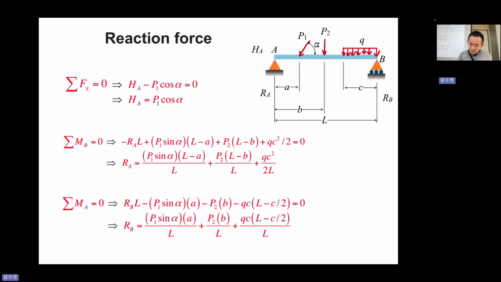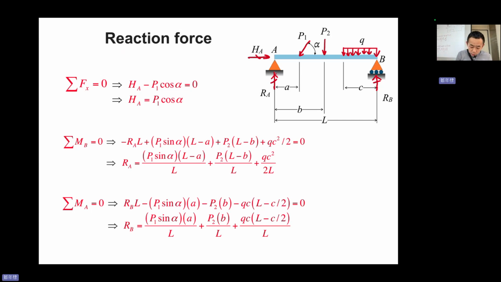We firstly identify, okay, this is a hinge at A. So there are RA here and HA here, okay? And B is a roller, so you only provide the RB as the Y direction, but there's no X direction reaction force because this is a roller, so it can move along X freely.